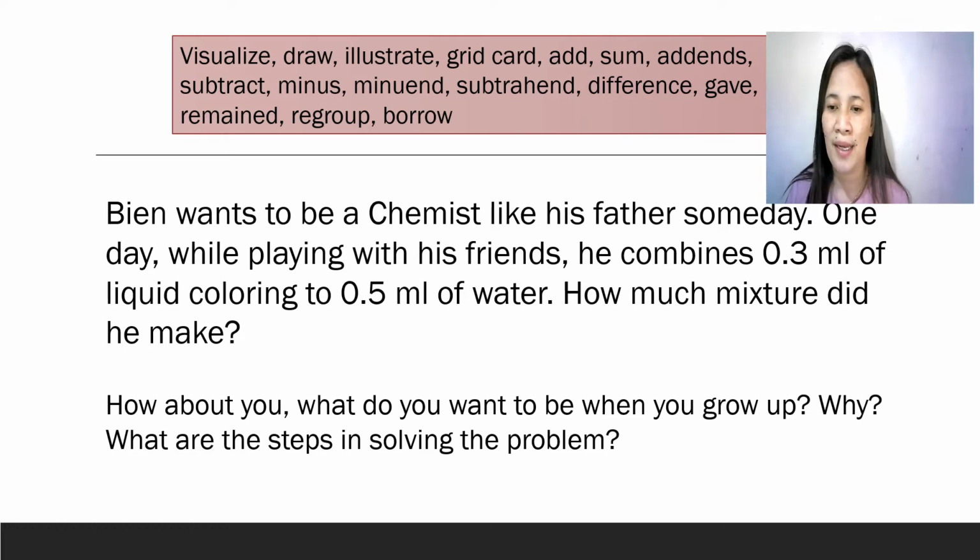What are given? We have 3/10 ml of liquid coloring and 5/10 ml of water. So, what operation are we going to use? Let us look for the word clue. Our word clue there is "how much." So, ibig sabihin, we're going to add, or we're going to use addition.